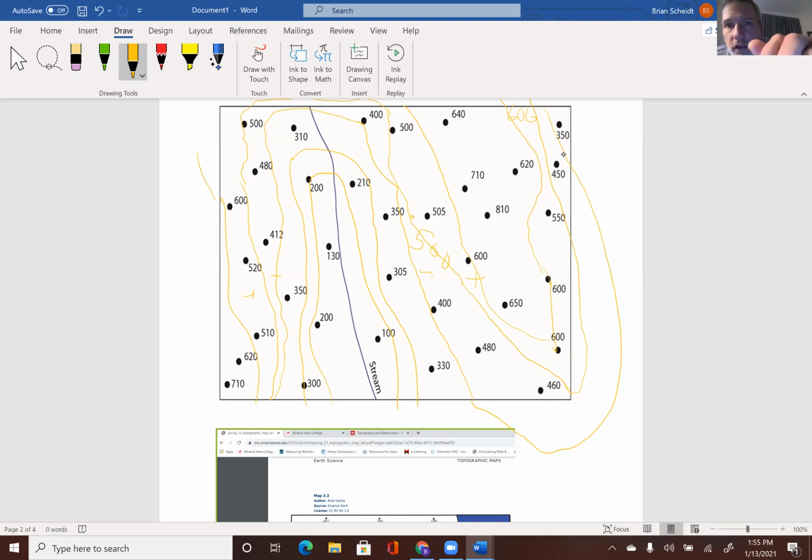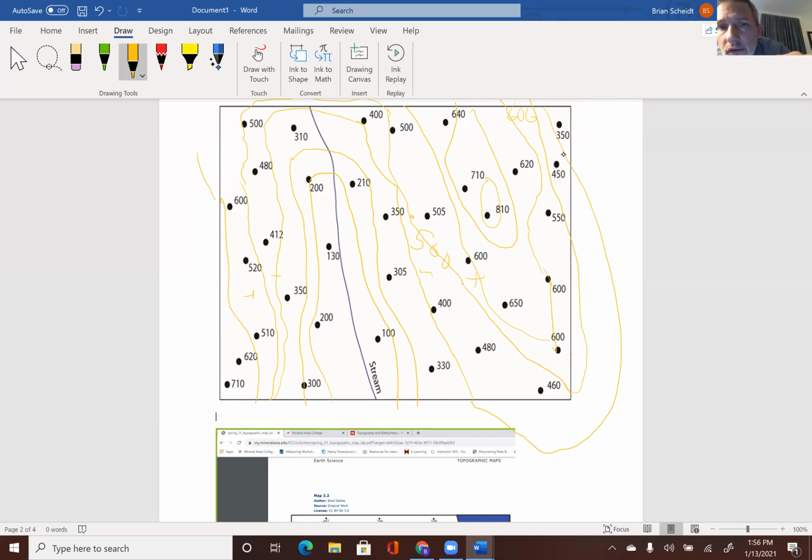So this is 600. My next contour line would be my 700. Again, this is my only 700 dot. Everything on the inside of that circle is going to be greater than 700. Everything on the outside is going to be less than 700. My 800.